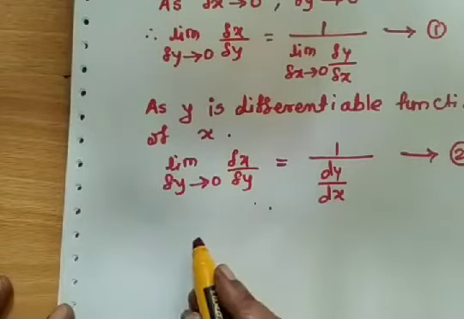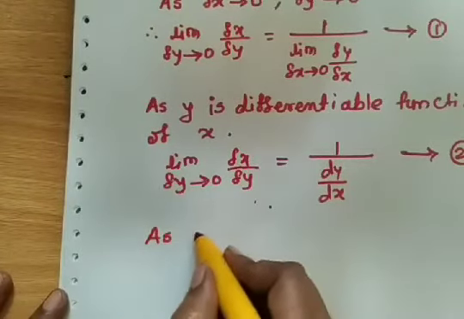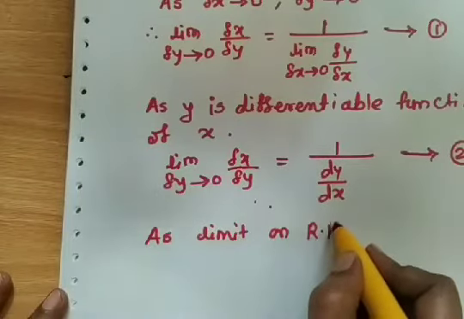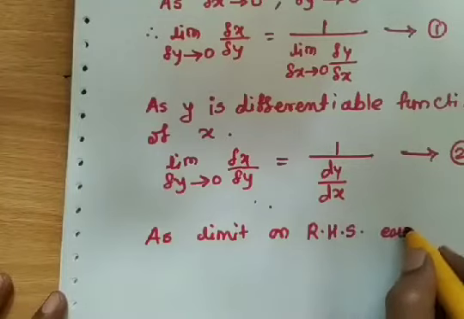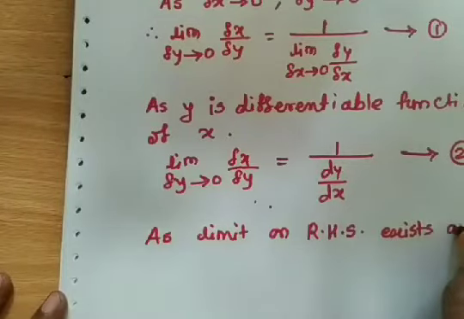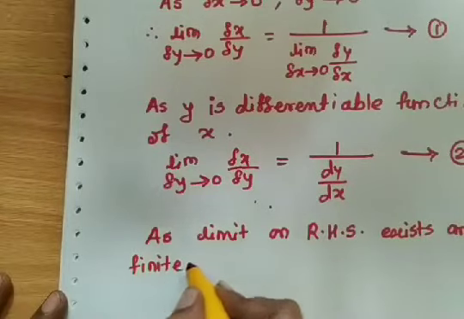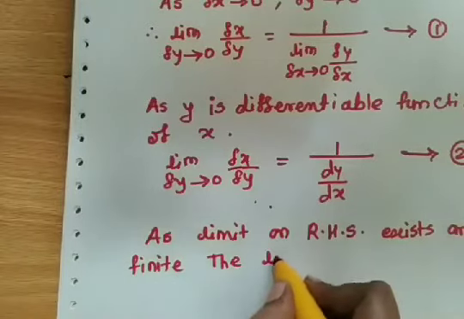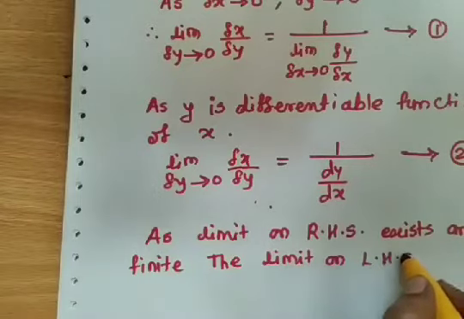As the limit on the RHS exists and is finite, then only the limit on the LHS exists. Okay.